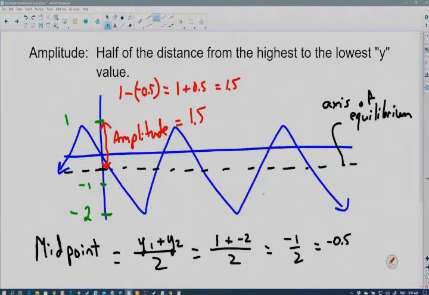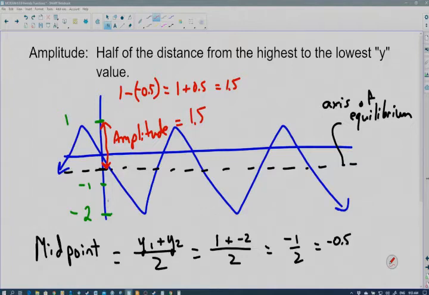All right? Now, they actually say that the distance, the amplitude can be calculated downwards as well, but the amplitude is an absolute value. All right? So even though it would be -1.5 from the middle to the lowest point, the amplitude is an absolute value, therefore it would be positive 1.5 again.